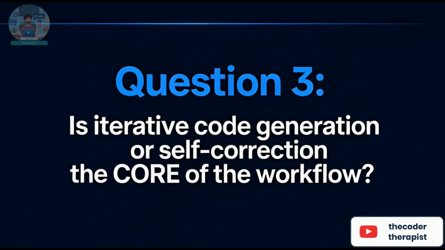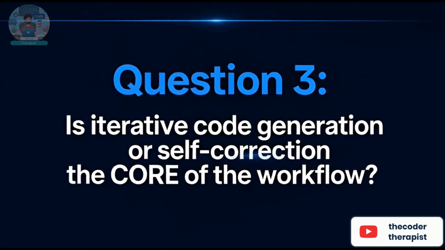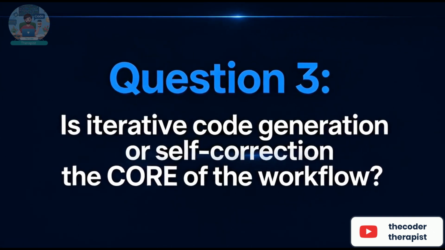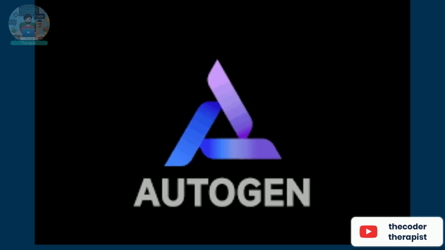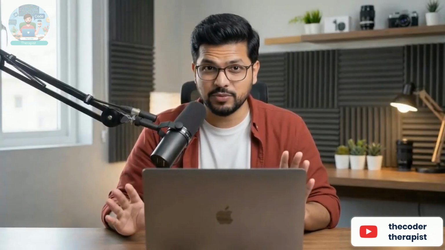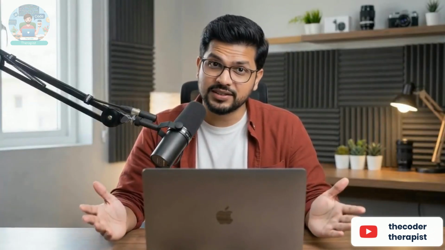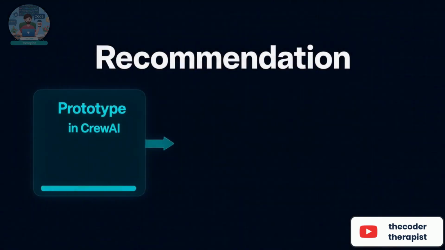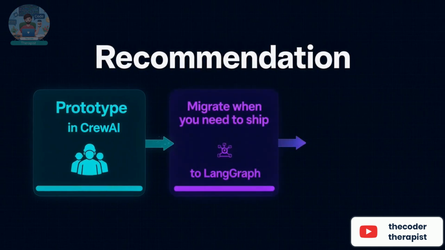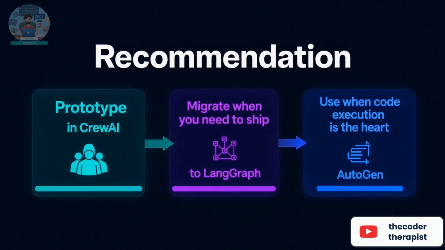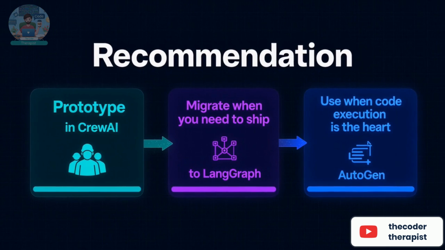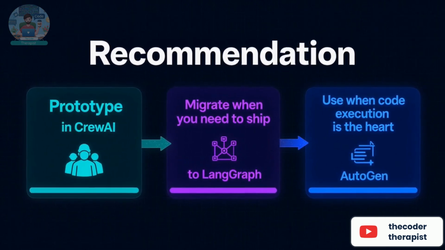Question 3, is iterative code generation or self-correction the core of the workflow? If yes, AutoGen. And the honest answer most production teams reach in 2026? Prototype in CrewAI. Migrate to LangGraph when you need to ship it. Use AutoGen when code execution is the heart, not just a tool.